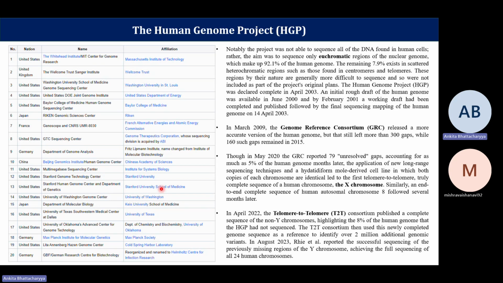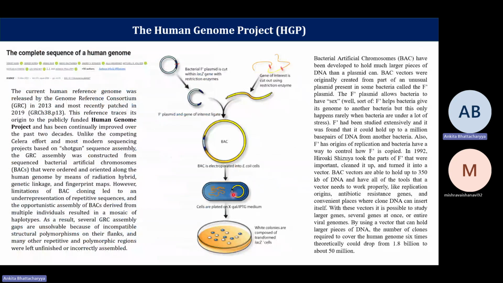And assuming that the stringency of sequencing was high and was maintained, more and more accurate information could be gathered and incorporated. Following this, the current human reference genome was released by the GRC, or the Genome Reference Consortium, in 2013, and most recently was patched in 2019.